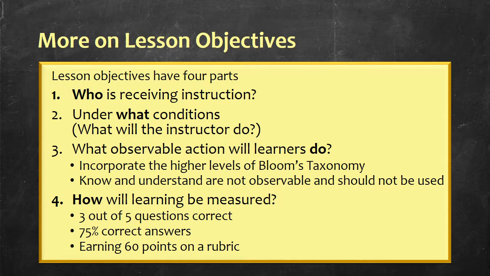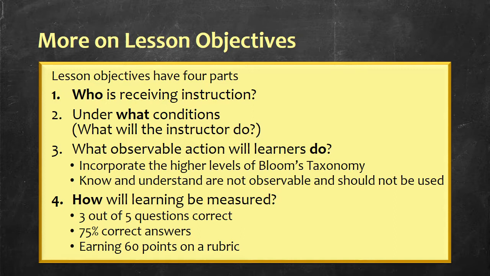More on lesson objectives. The lesson objectives that we discussed in the previous slides are developed prior to the start of the lesson and incorporate 4 things. First, the audience of the lesson. It's usually the learners that are the ones that are receiving instruction. Second, under what conditions? What will the instructor do to supply the learners with the information or skills needed to complete the activities and assessment successfully?